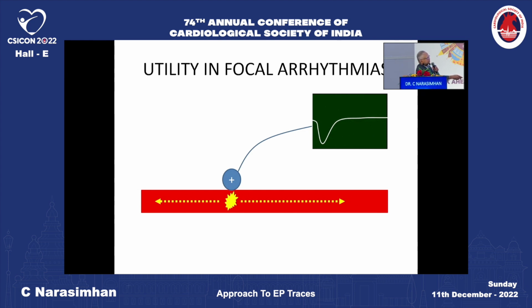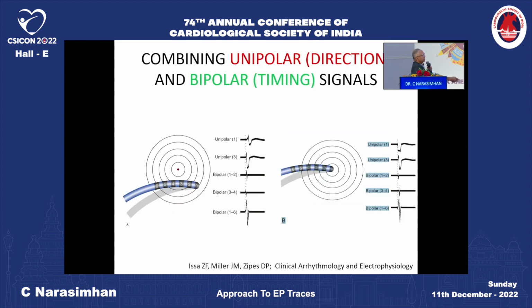Suppose my electrode is here, I will see an initial positive deflection that tells you I am not at the site of origin, I need to move the catheter to the site of origin so that I localize where it's coming from. So broadly, I'll tell you how we go about in the EP lab.